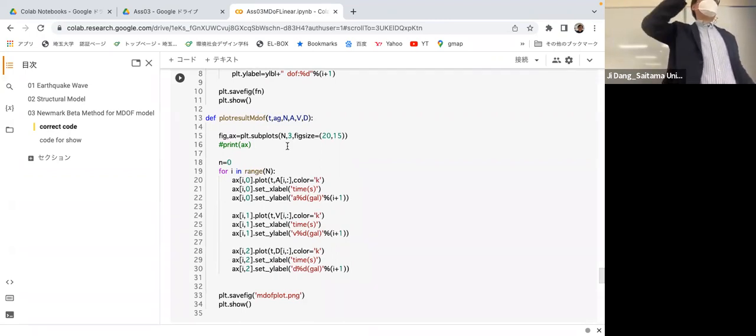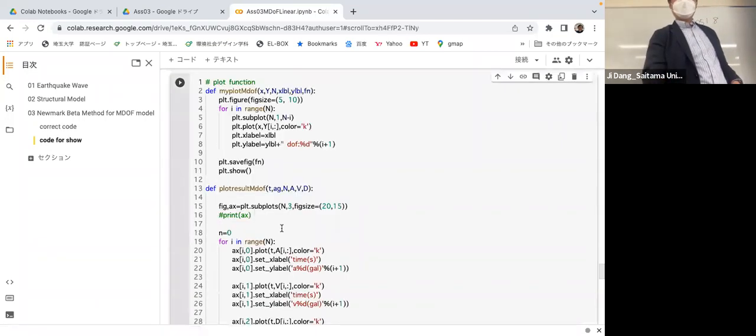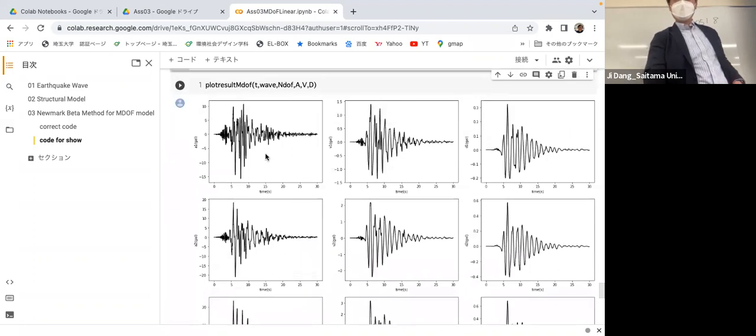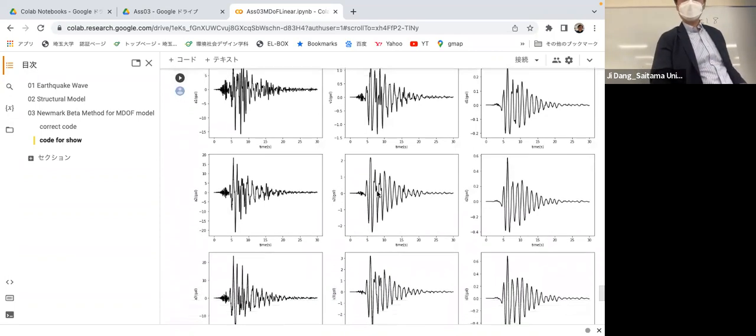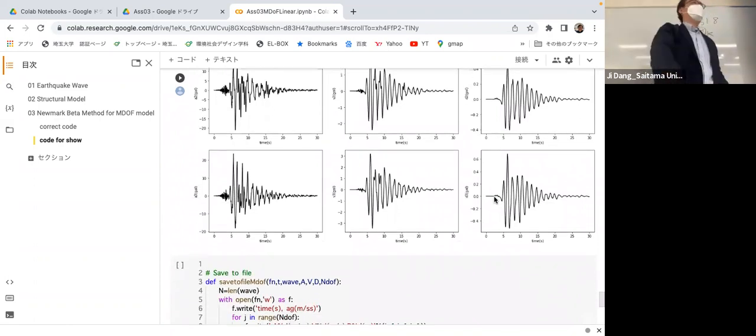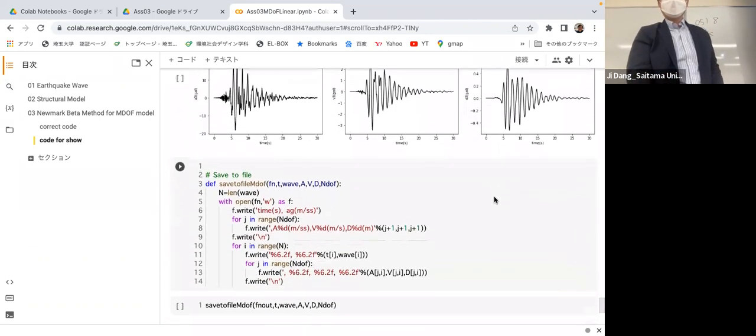So you have n floors, right? Then plot them one by one. For each degree of freedom, you have A1, V1, and D1 here, and then A2, V2, D2 here, for all degrees of freedom. If you have many floors, then you show this up to 100 floors, 100 of them here, okay?